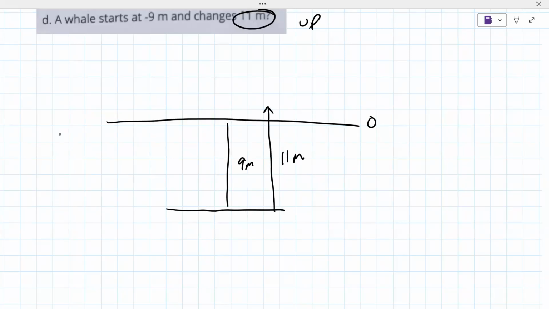Where does that put them? 2. Yeah, it's 2 meters, or you could say 2 meters above the surface. Something like that. Any questions on that before we go to part E? No. Okay.